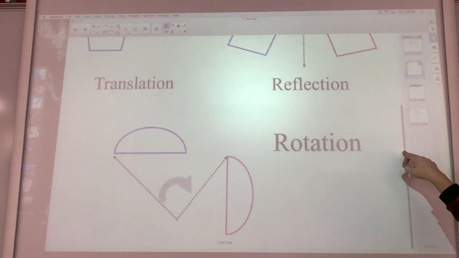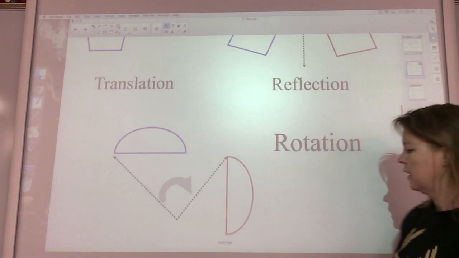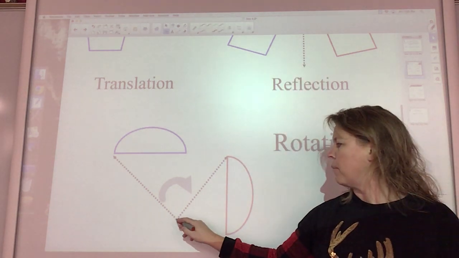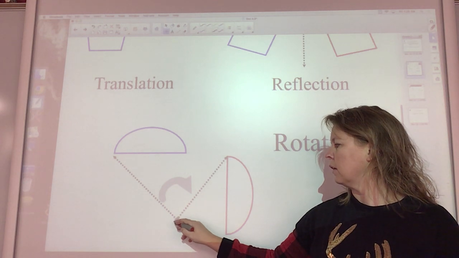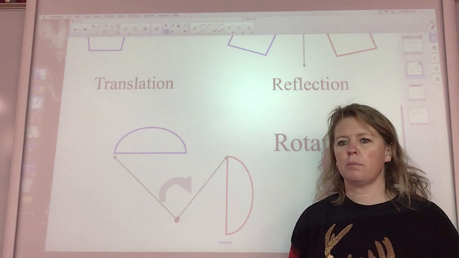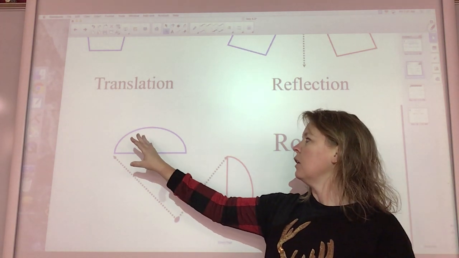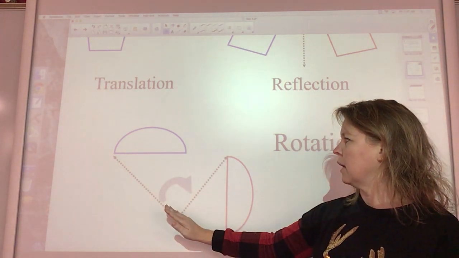And the last one we said was a rotation. A rotation is a little bit different, but kind of like a reflection, you're going to need a point. Go ahead and draw a point down here. A rotation point. You can't just take something and say, I'm going to rotate it. You have to decide what you're going to rotate it around.